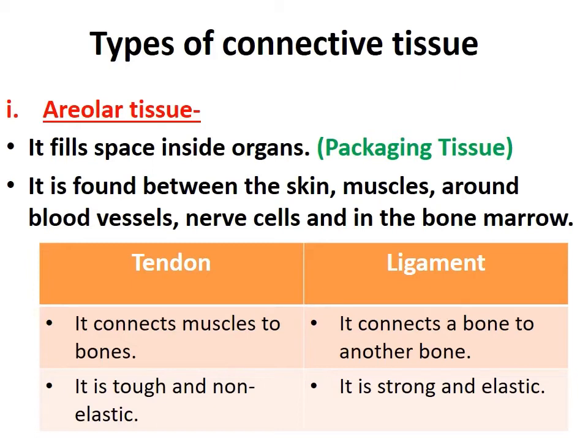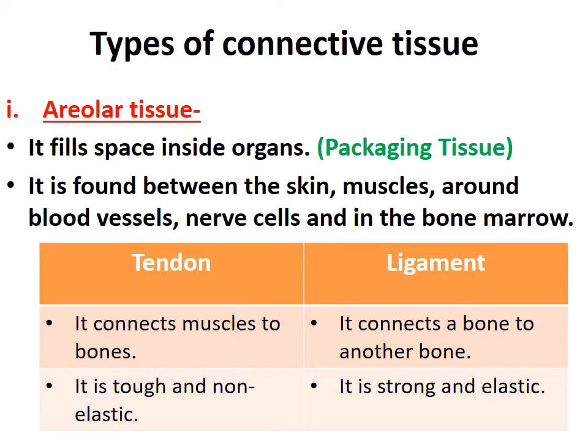Okay, so these are the 2 differences between tendon and ligament. These you must note in your notes, because this question is frequently asked in your exam also, that differentiate between tendon and ligament. So my dear students, it was the first type of connective tissue, that is areolar tissue.